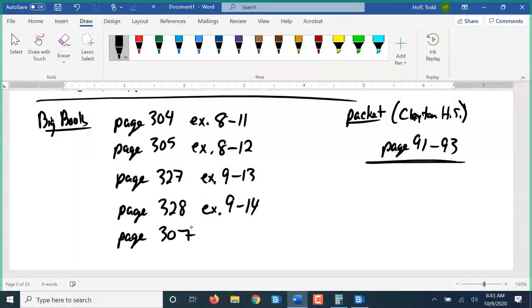Page 307, exercise 8-13, A and B. Page 308, exercise 8-14.